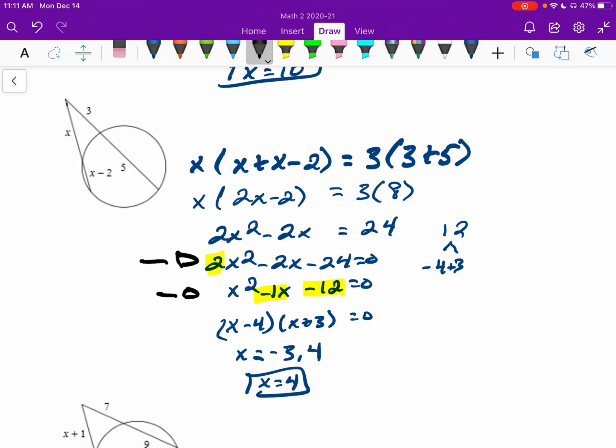If you cannot get rid of the coefficient, and I think all these you can, but if you cannot, I would suggest you use the quadratic formula. So remember that is x equals negative b plus or minus the square root of b squared minus 4ac, all over 2a. And you could use the quadratic formula on this problem, but I'd say that factoring is a little bit easier.